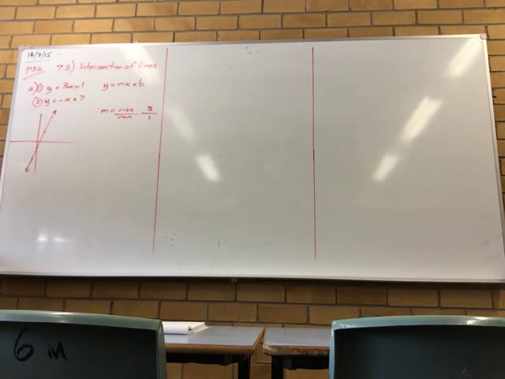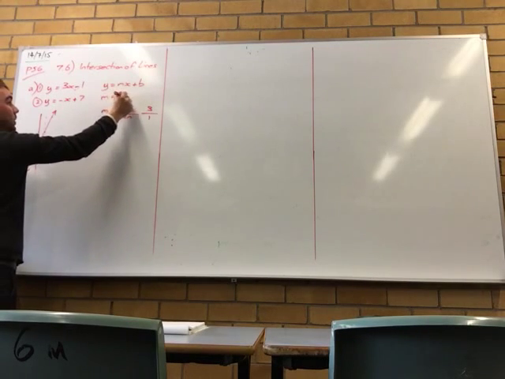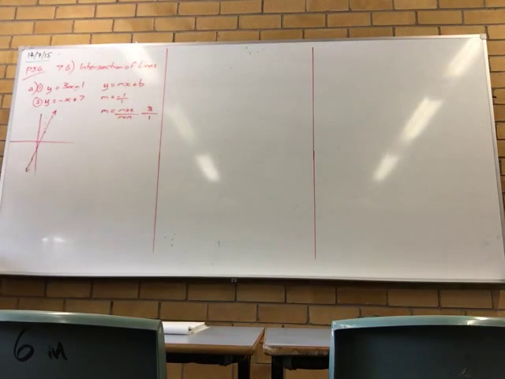Right, the second one, y equals negative x plus 7. The gradient is negative 1 over 1. When we have positive numbers, it means it goes up: the direction of the rise is upwards, and the direction of the run is in the positive direction on the x-axis, or going to the right. When you have the minus sign, that means you have to go down, but you still go across 1.